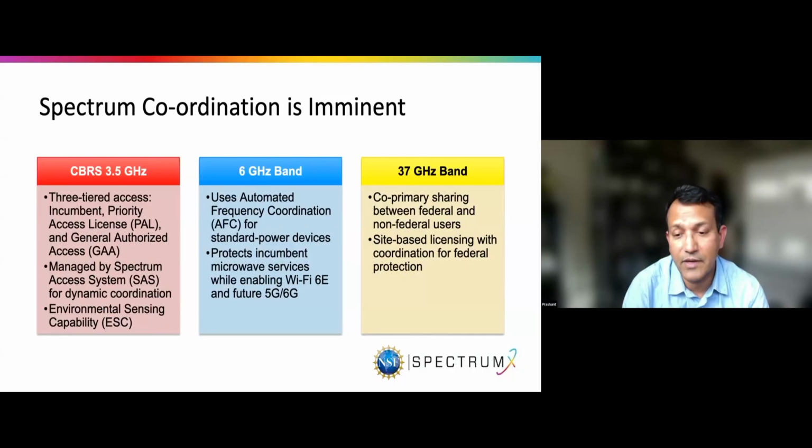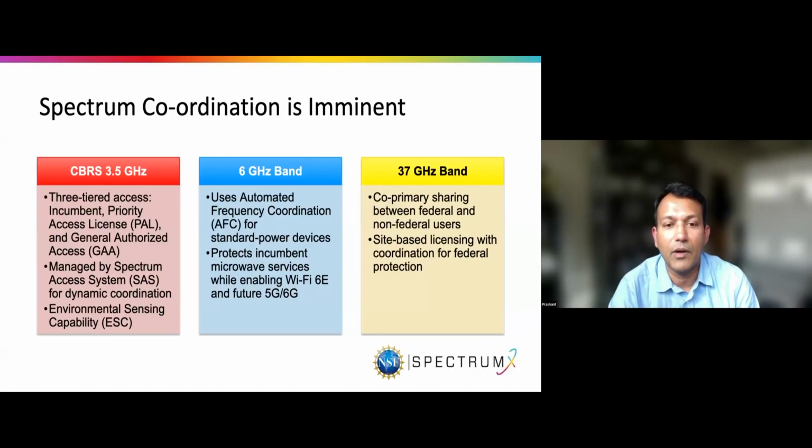It is right now first come, first serve, which is whoever gets the license first and deploys it first has priority. But one can imagine that these kinds of coordination regimes will become more and more important in the future.